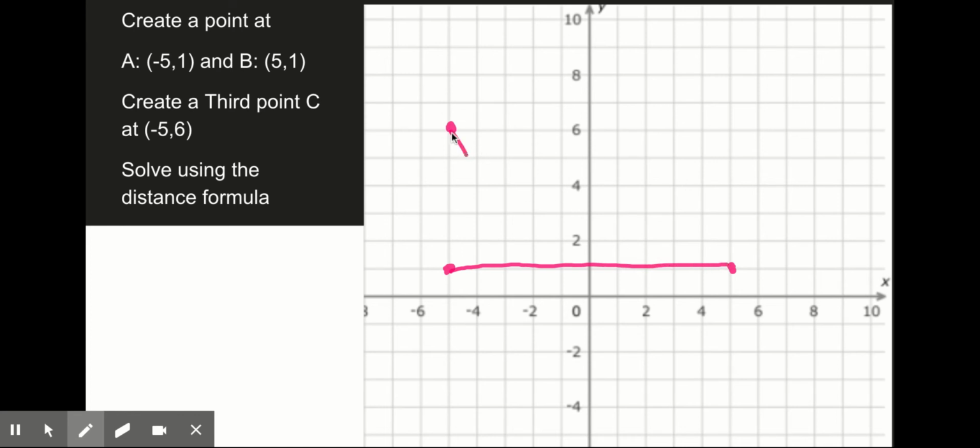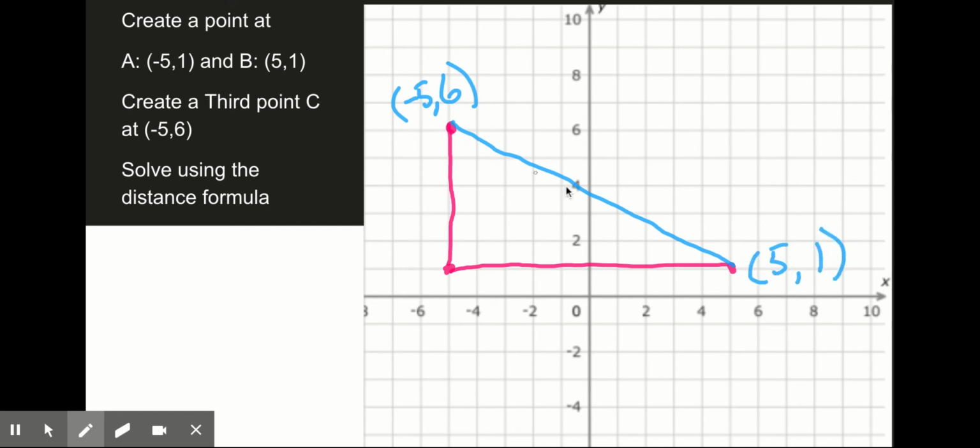So could you, if I asked you to, use the distance formula to find this blue line? Of course you could, right? You would use these values that I gave you, (-5, 6) and (5, 1), and you'd plug it into the distance formula. Sure, you could do that.